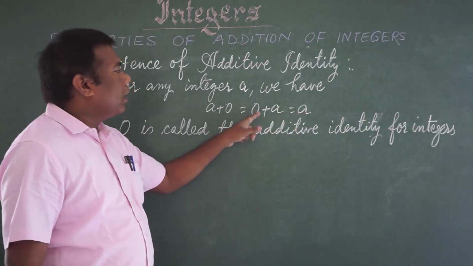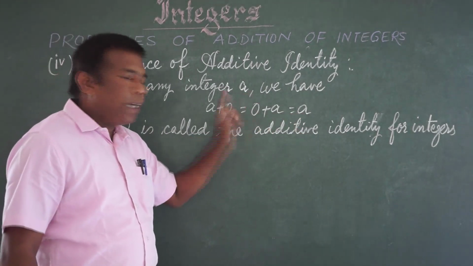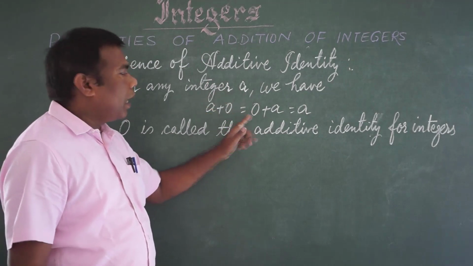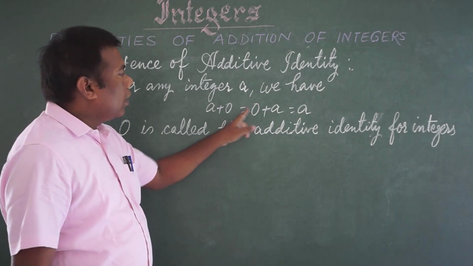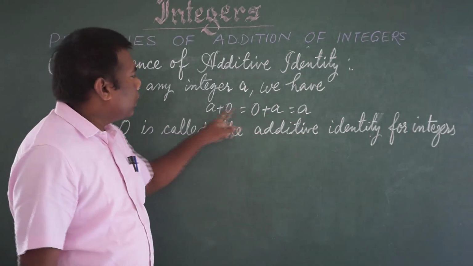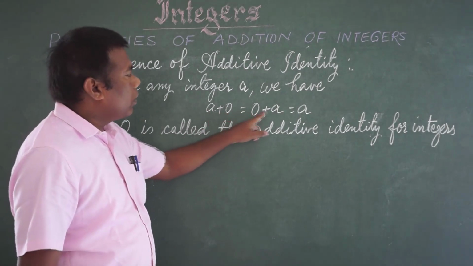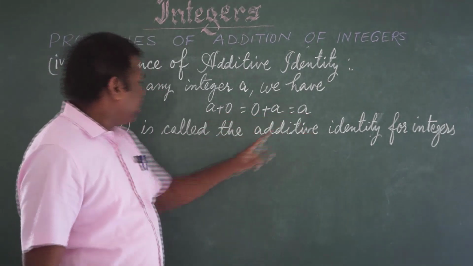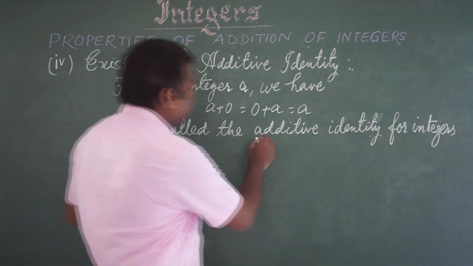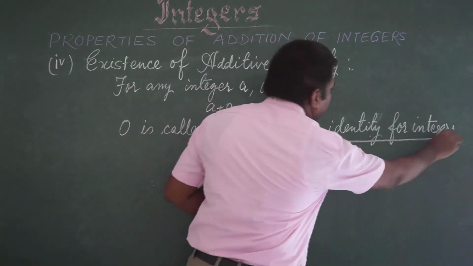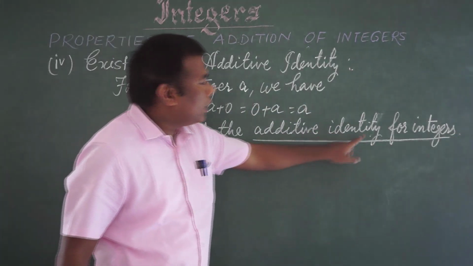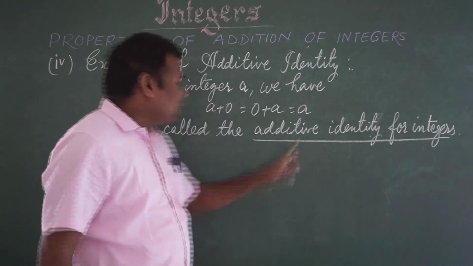If you are adding 0 with any number, either 1000, 10,000, lakh, crore, either positive or negative, the value of that number will not change. So a plus 0 or 0 plus a will be equal to a, and 0 is called the additive identity for integers. This you need to remember.